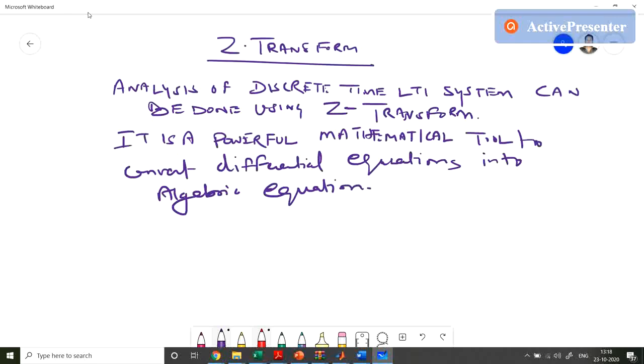So what is the definition of the Z transform? There is unilateral and there is bilateral, that is, two-sided. Right now I am discussing the bilateral.